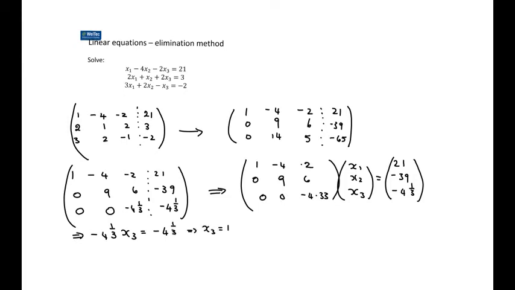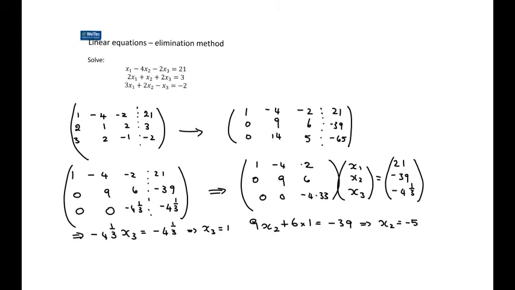And now we can use that to figure out x2, because 9x2 plus 6 times x3, but we know that that's 1, is equal to -39. So that tells us that x2 is -5. And then we can use all of those to work out x1.